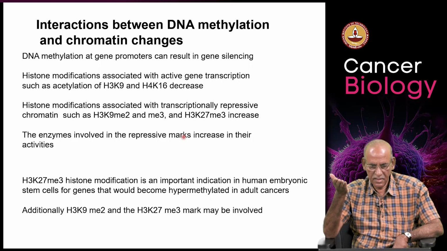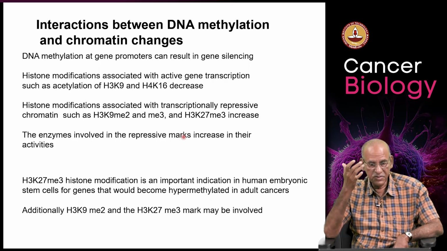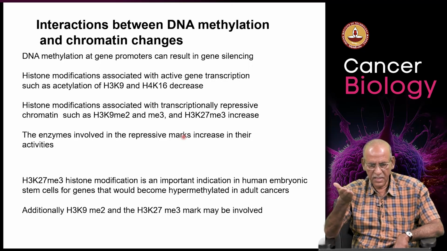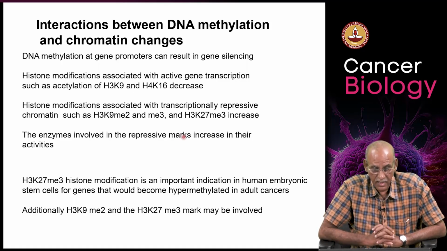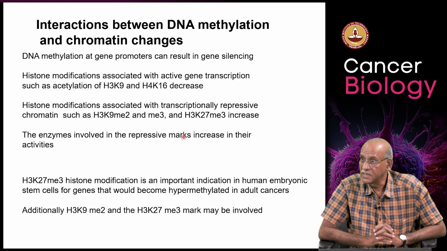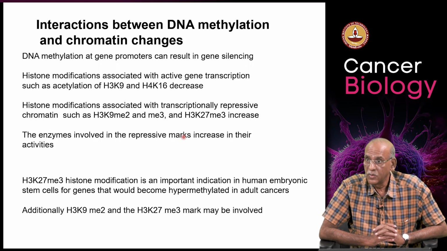That is, you can have DNA methylation at the promoter level, hypermethylation, and you may also have histone modifications, acetylation at the residues shown here, and so on. Not only simply the acetylation which indicates active transcription, those residues will be less. That is one way.